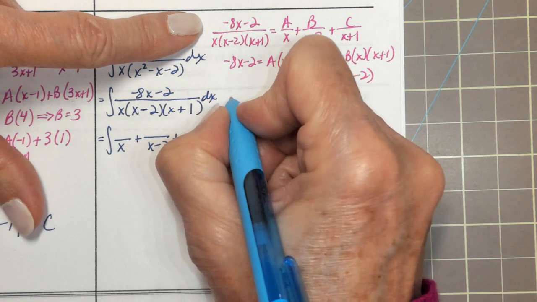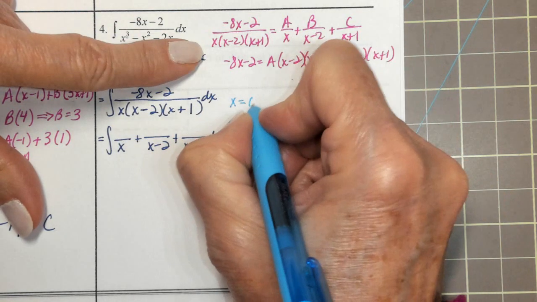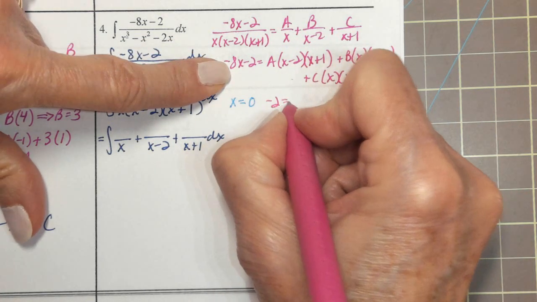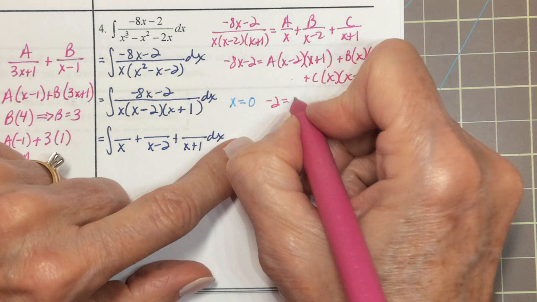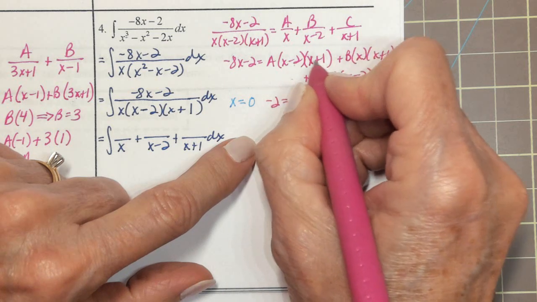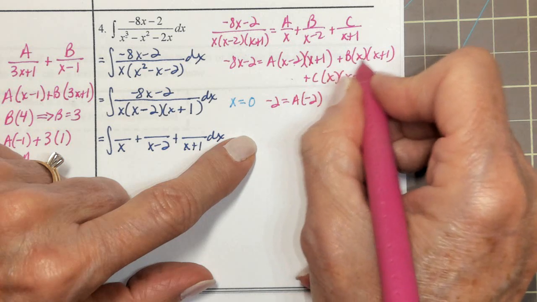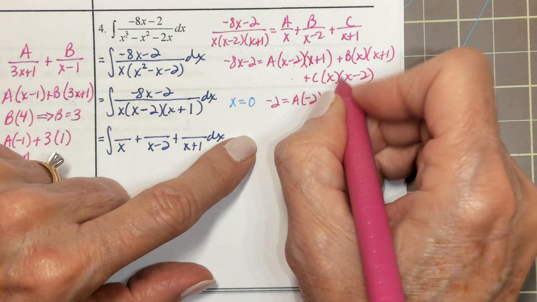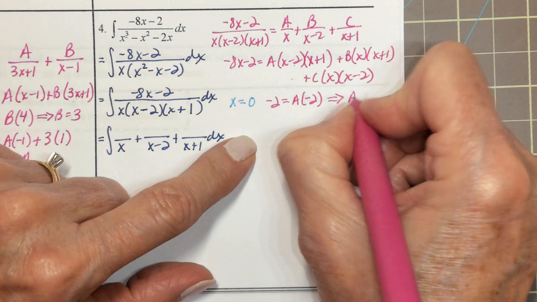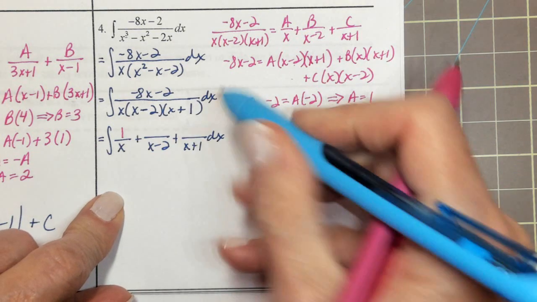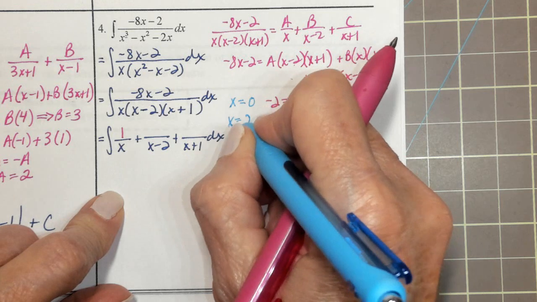Got 3 convenient x values. When x is 0, we're going to have negative 2 is equal to a times negative 2 times 1, which is negative 2. The b term will zero out, the c term will zero out. So we get that a is 1. Another convenient x value is 2.